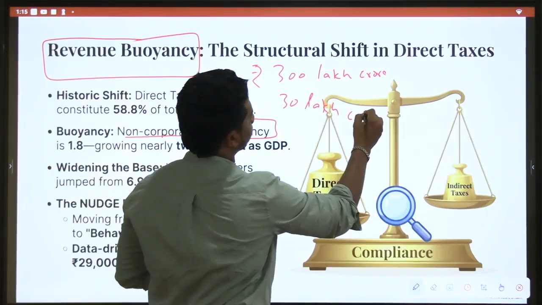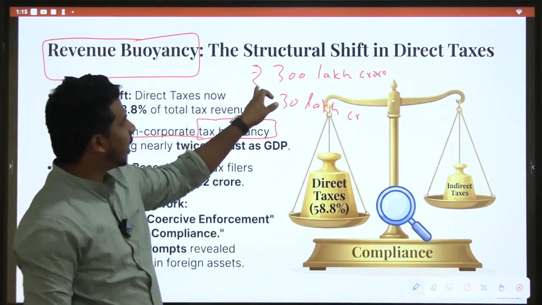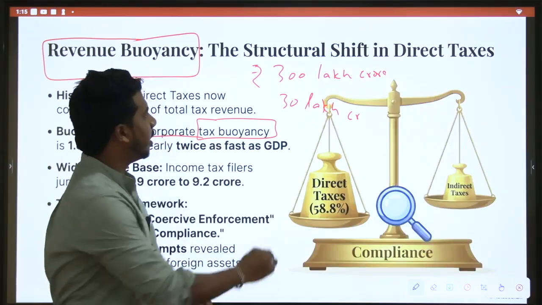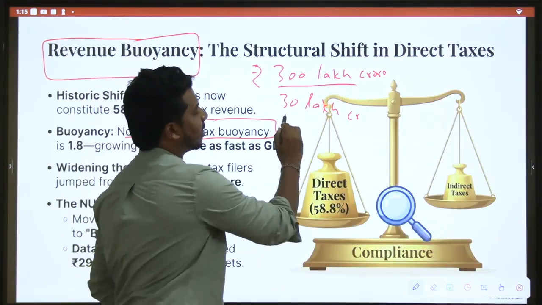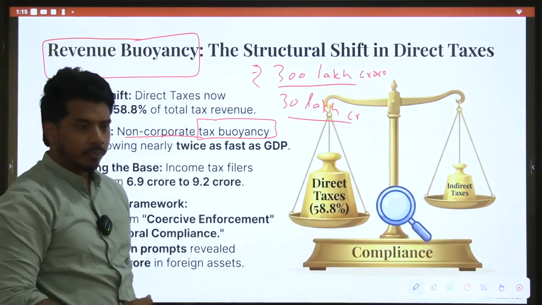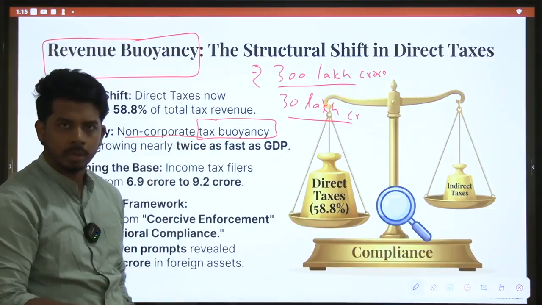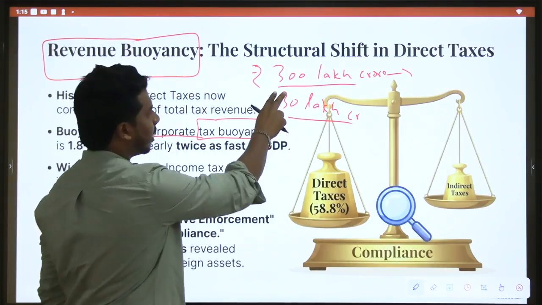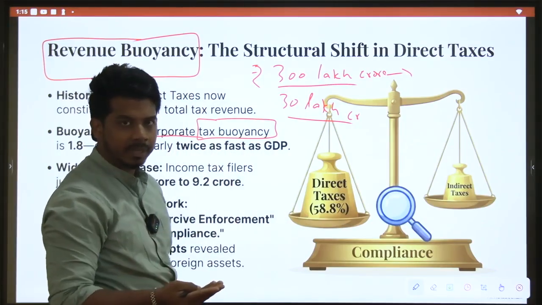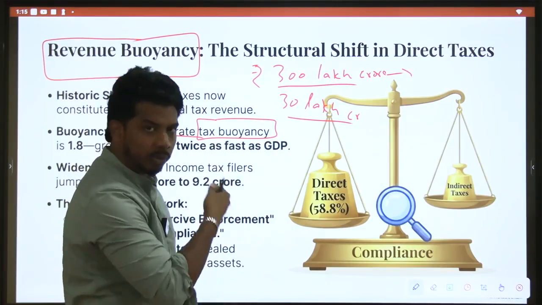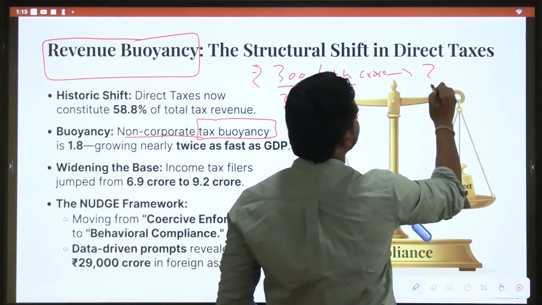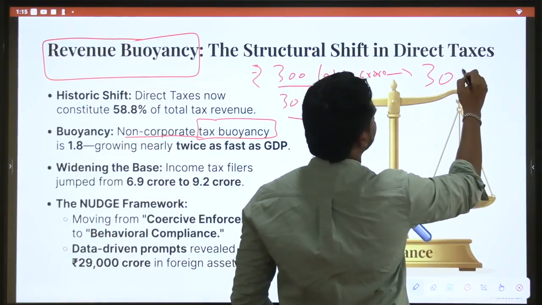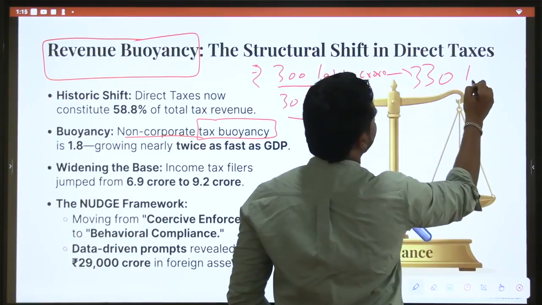Again, just an example. Next year we had good GDP growth and GDP has increased by 10%. That means 30 lakh crore has been added, so next year GDP is 330 lakh crore.